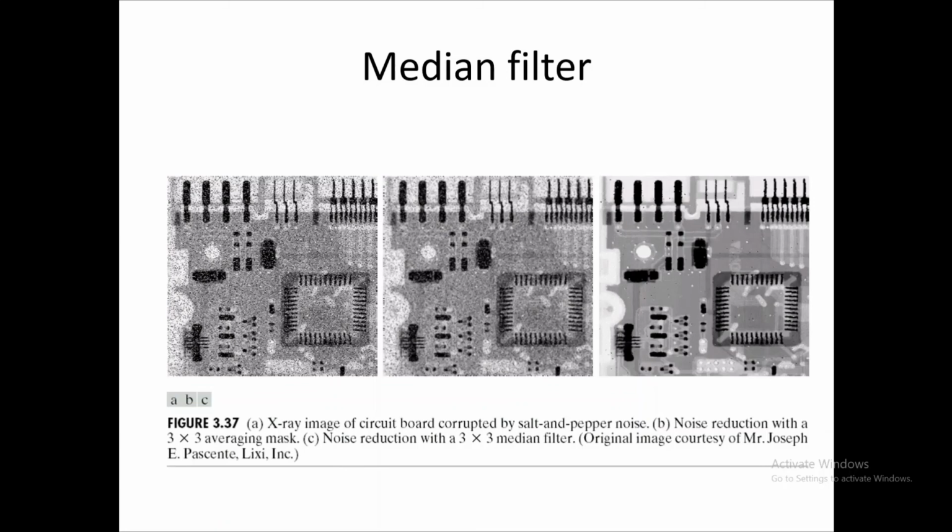The result of the median filter is clearly much better than the mean filter. That means it's highly robust to outliers in the image or in the distribution of the pixels.